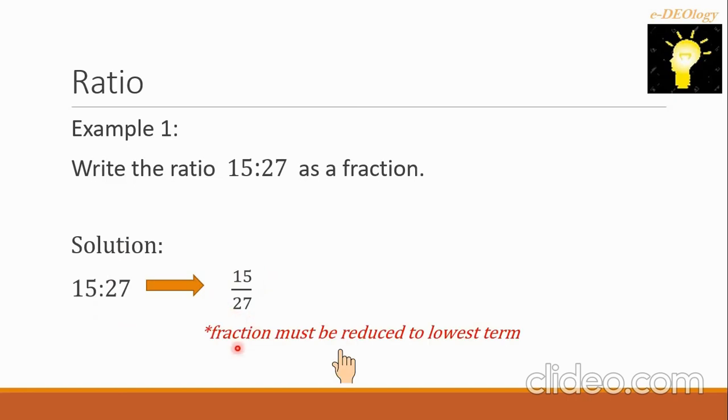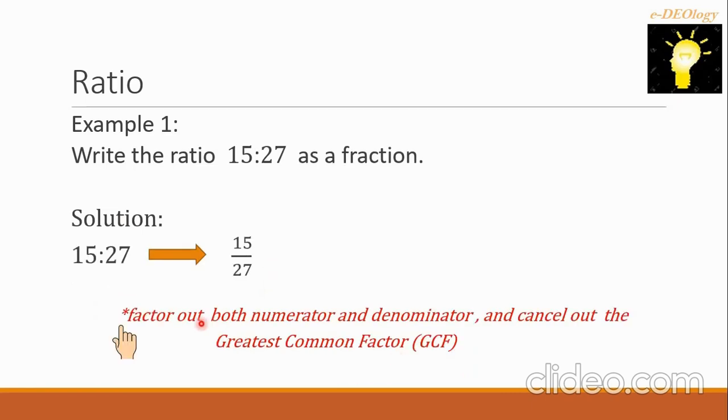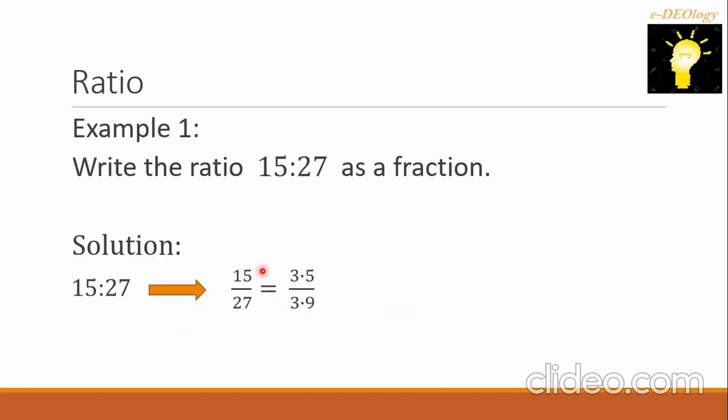However, a fraction must be reduced to lowest terms at all times. So what we'll do is factor out both numerator and denominator, and see if we can cancel the greatest common factor. The 15 is factored into 3 times 5.